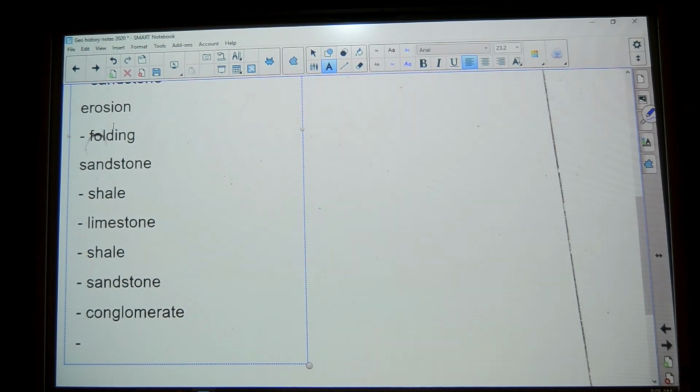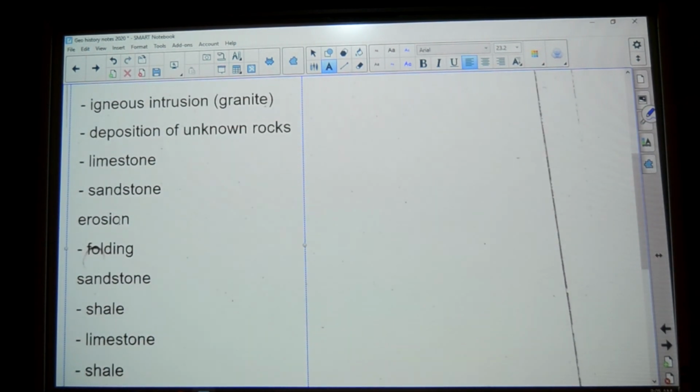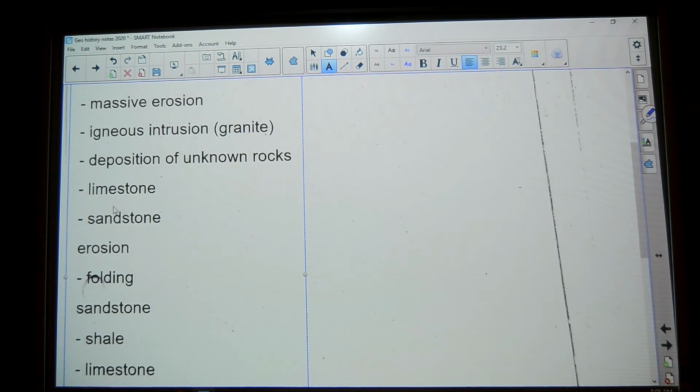And before the conglomerate, we started with shale. So if I look, I should have 14 altogether. 1, 2, 3, 4, 5, 6, 7, 8, 9 is erosion. 10, 11, 12, 13, 14. I'm good with location C.